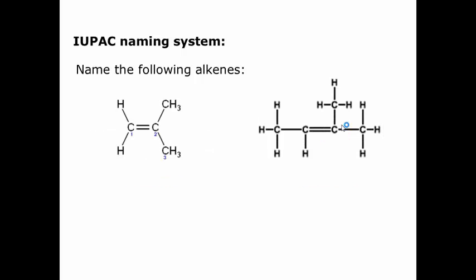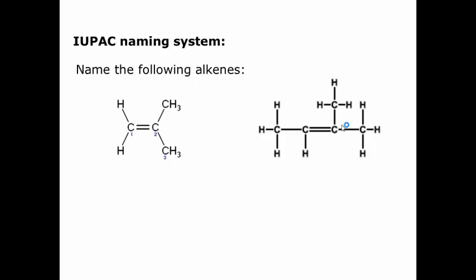When you have branches, with the alkane, the numbering of an alkane was based on where the branch was located. In this case, the double bond will take priority. We try to give the double bond the lowest possible number first, and then consider the branches afterwards. So in this case, I'm going to number the first example from left to right.